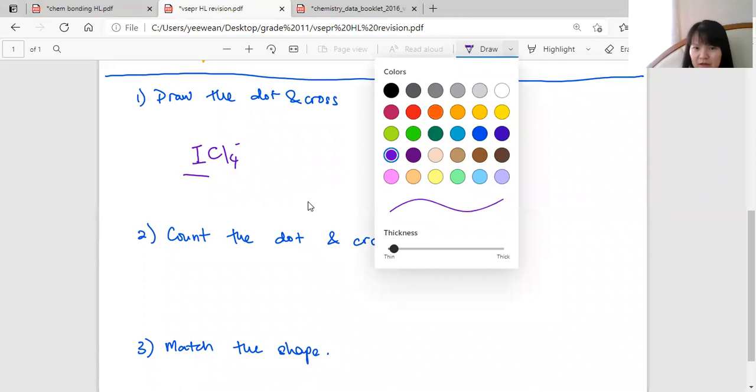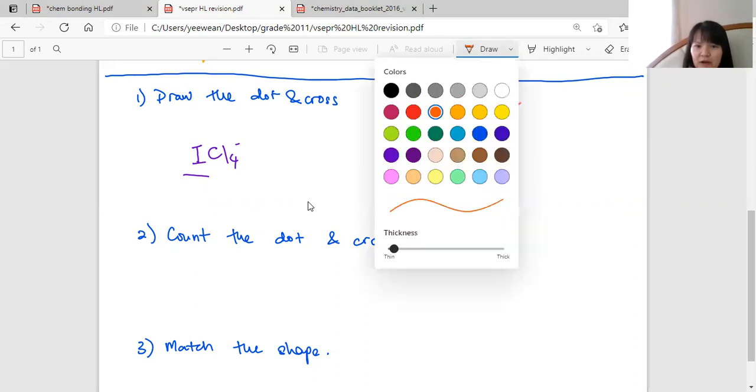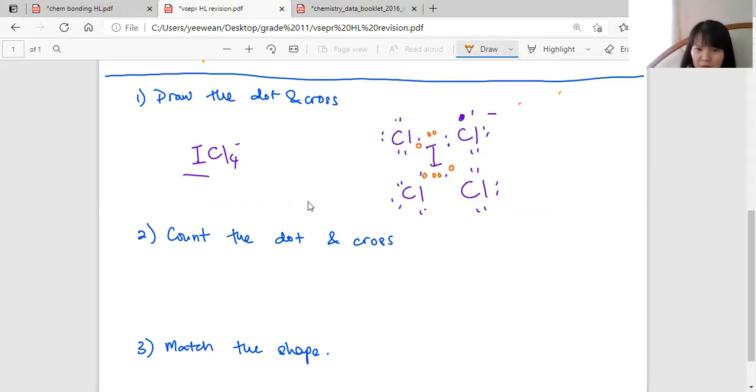We'll change the color. 1, 2, 3, 4, 5, 6, 7. So I would have 1 bonded pair, 2 bonded pairs, 3 bonded pairs, 4 bonded pairs, and 2 lone pairs.